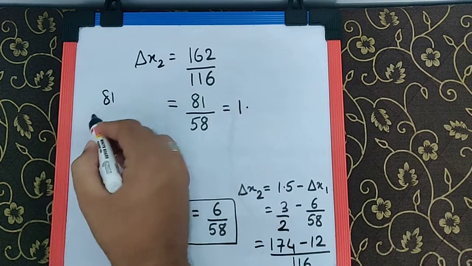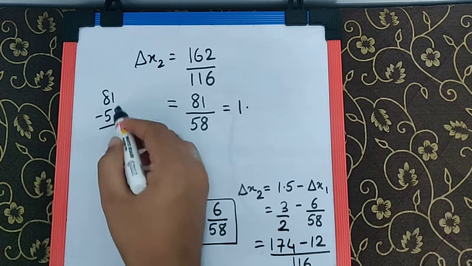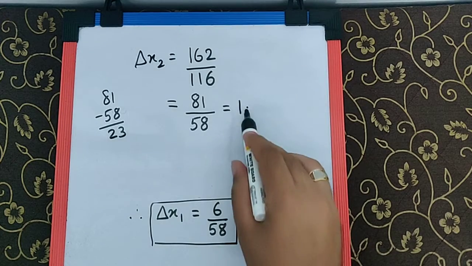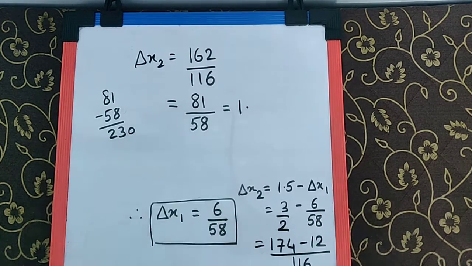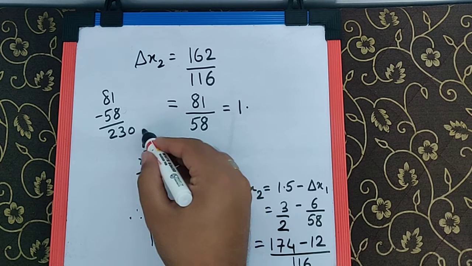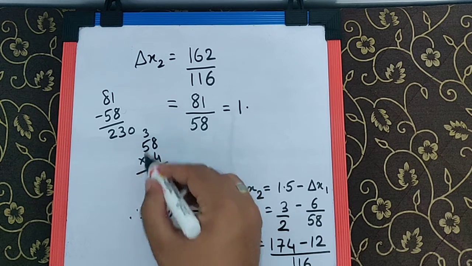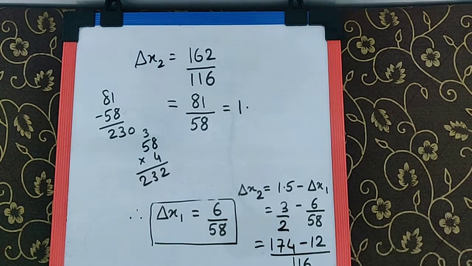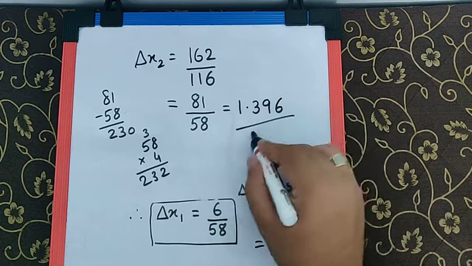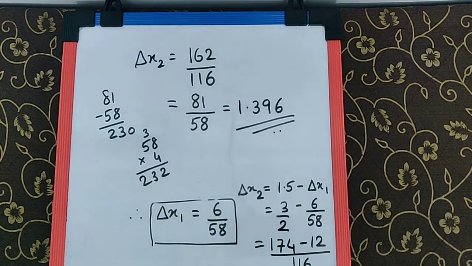So 81 minus 58 is going to give me 23. If I put a decimal, I get this as 230. Now I know 58 into 4 is 232. So it is just less than 1.4, which means it has to be 1.396, and that has to be the final answer.